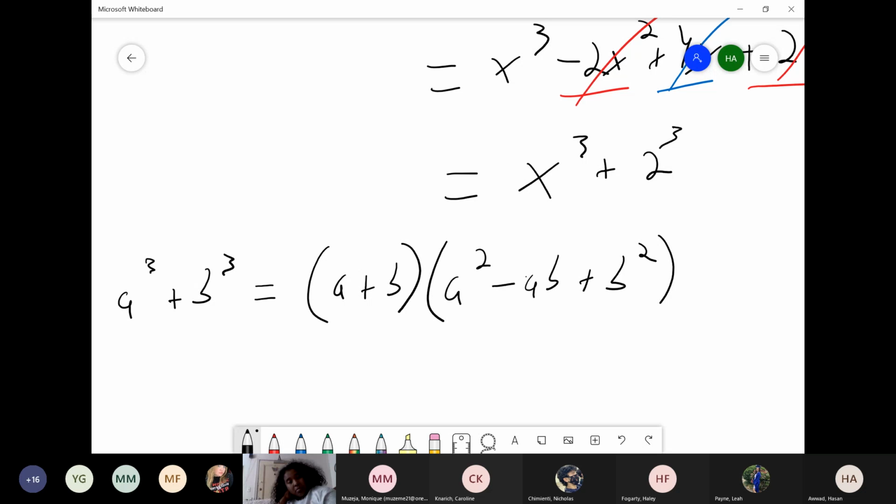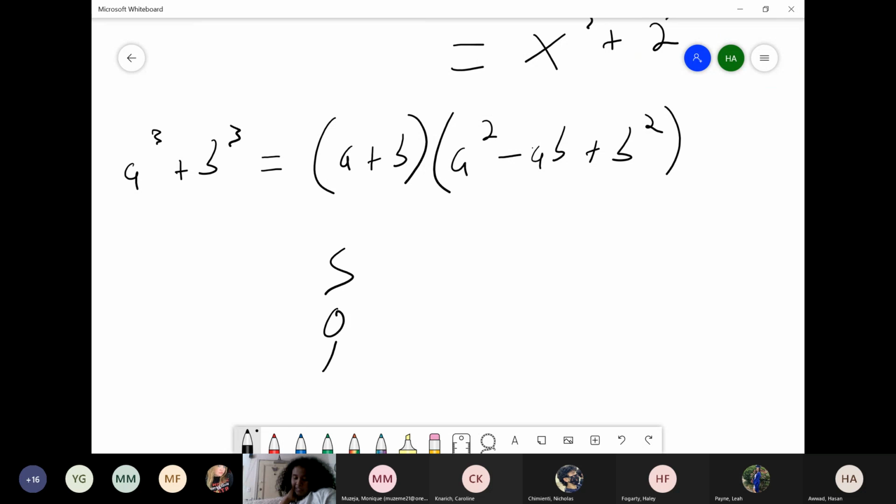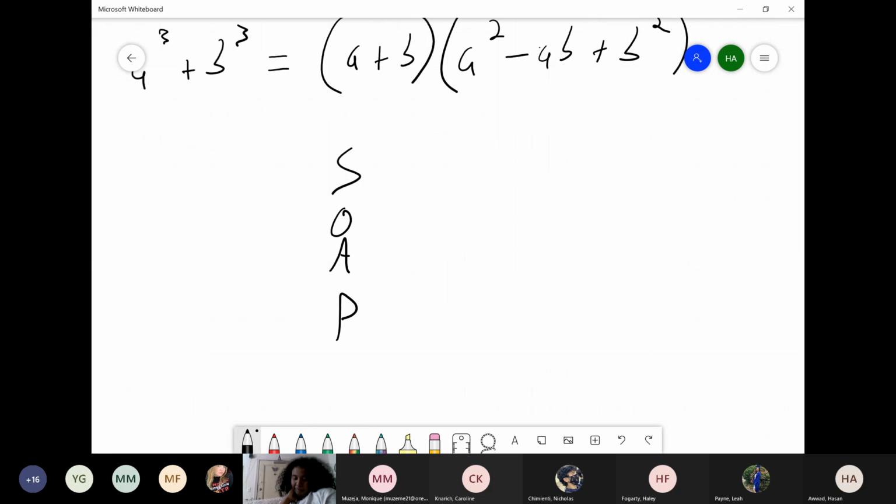For distributing binomials, we had FOIL: first, outside, inside, last, which helps us remember. And for sum of cubes or difference of cubes, we have one as well, and it's called SOAP. This stands for same, opposite, and always positive, which I'm just going to abbreviate as POS.